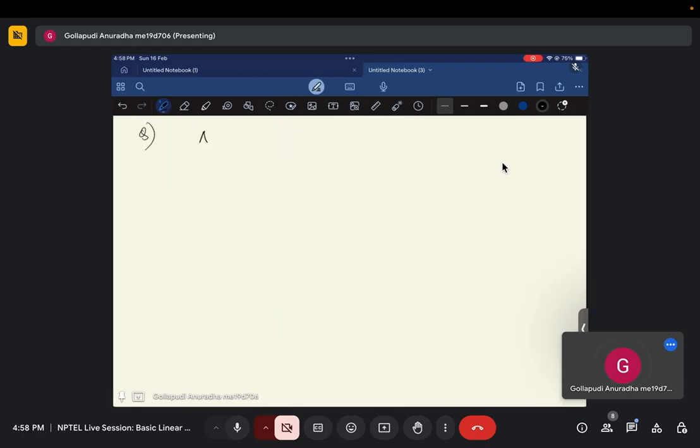Okay, one more thing. True or false? True. That's again quite simple. A inverse is equal to I. Taking the inverse on both sides, I will get I itself here.